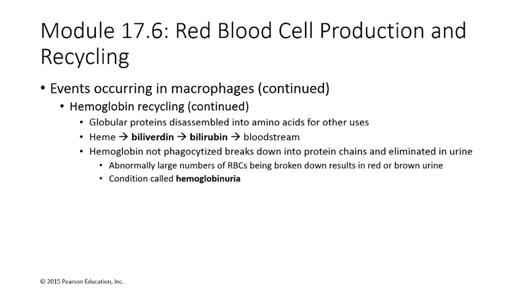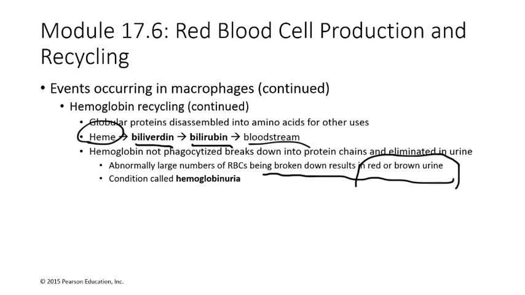The hemoglobin will continue to be broken down. Some of it will be broken down for amino acids for other uses, but you probably heard of bilirubin. Heme will be broken down into biliverdin and bilirubin and eventually go to the bloodstream. If a large number of red blood cells are broken down at once, this can result in the urine becoming colored.